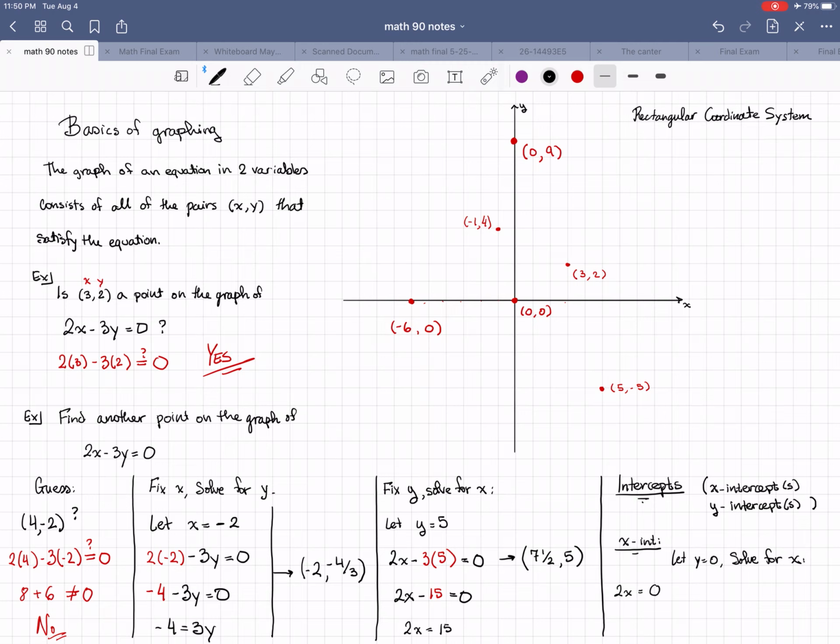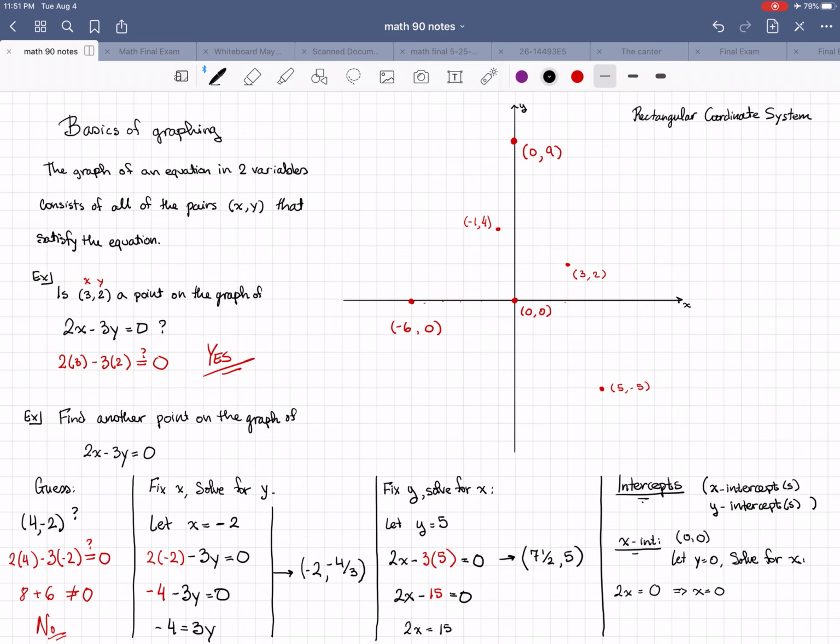So 2x is equal to 0. And now divide both sides by 2. Oh, so the x-intercept of this graph is actually the origin. That will happen sometimes. What this means is that this graph passes through the origin.